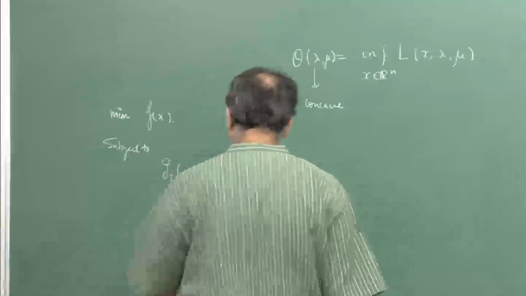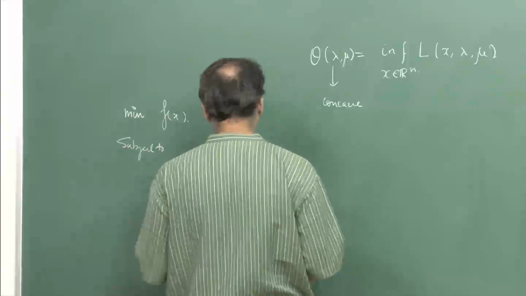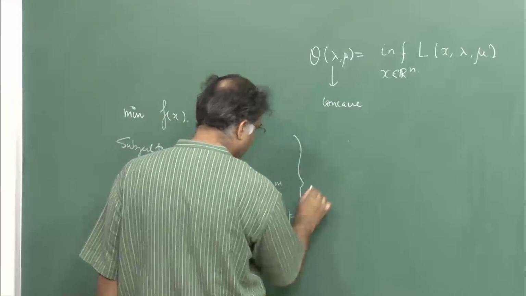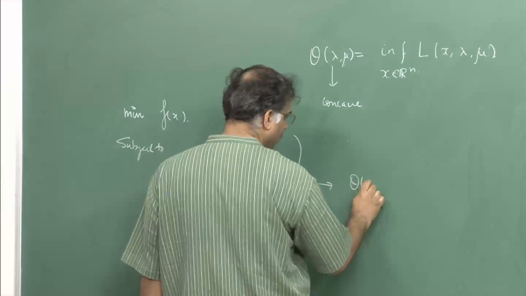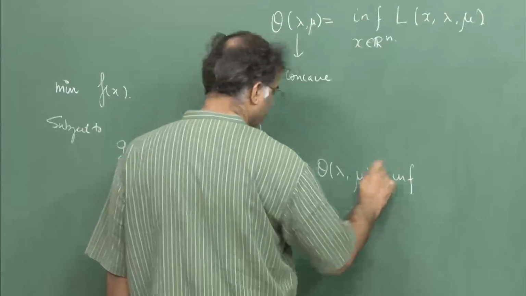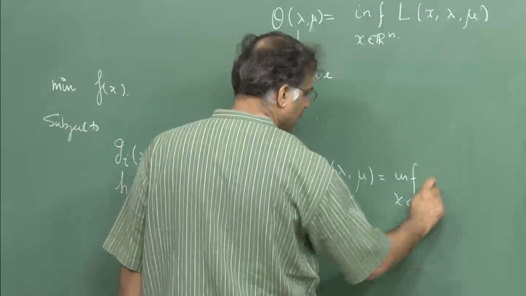So, in order not to do that, one can put it in this form, and then you can write the same Lagrangian, but when you write the dual function, your infimum over x is no longer over Rn, but restricted to this particular set X.